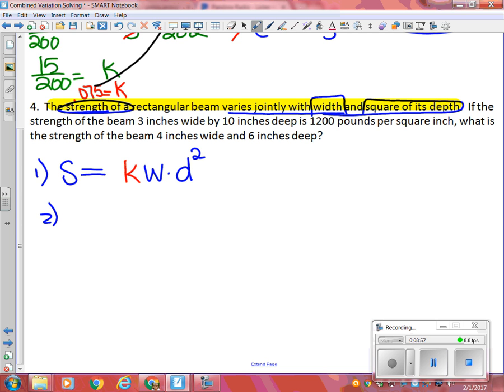Number 2, I should have all kinds of information that would let me solve for my constant. 3-inch beam by 10 inches wide, 1,200 pounds per square inch. I've got to make sure I put the numbers in the right places. They're not written in the right order. 3 inches wide is the width, so I'm going to put a 3 right there for W. 10 inches deep. Now remember, square of the depth.